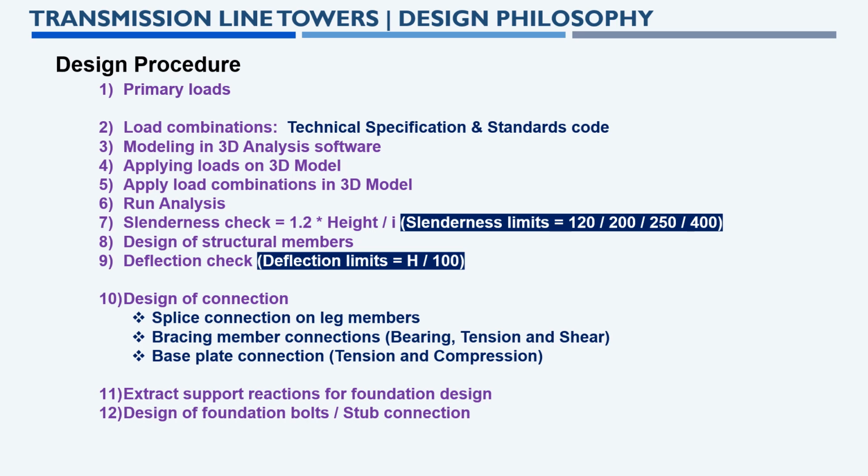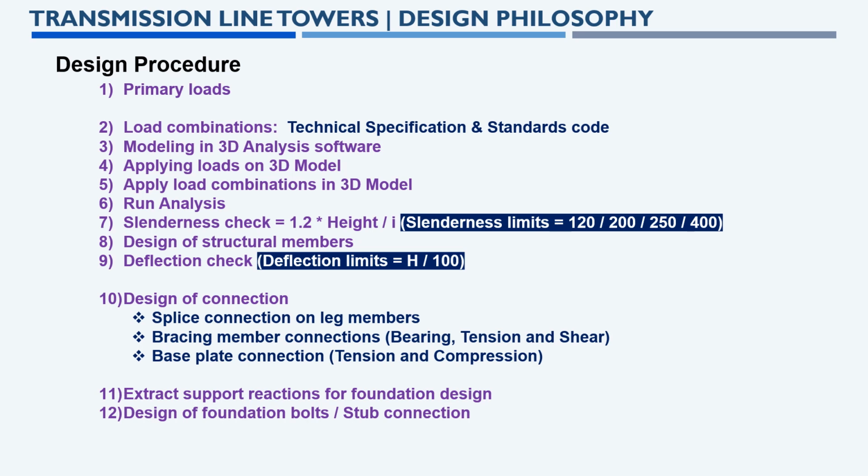Slenderness limits are 120 for main leg and the cross arm lower members. For all bracing members it should be 200. Redundant or nominal stress carrying members we can consider as 250. Tension members it is 400. So likewise the slenderness check is to be done. Most of the member sizing can be completed if we do the slenderness check properly.